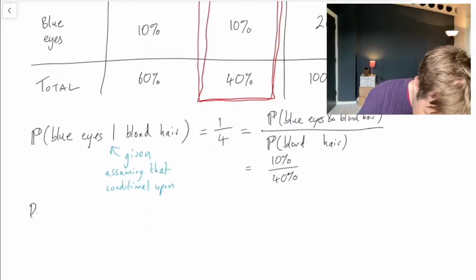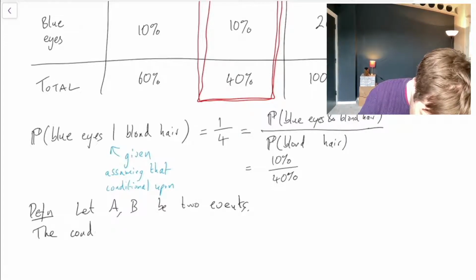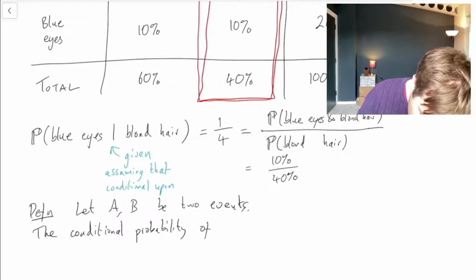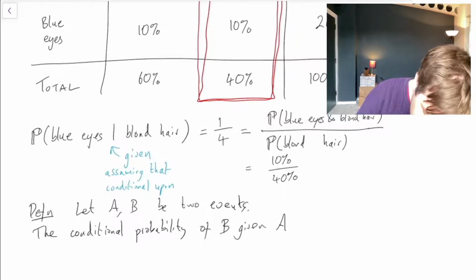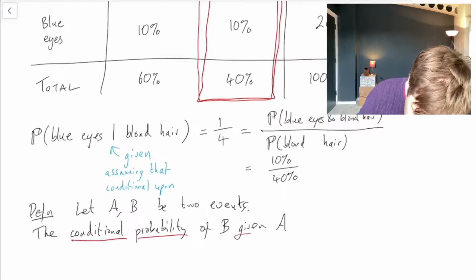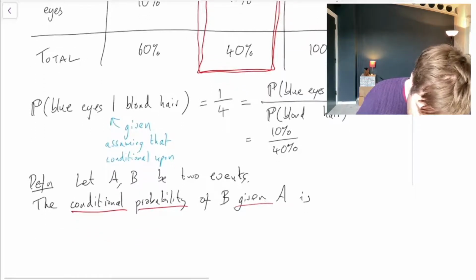So the definition is that A and B be two events, and so the conditional probability of one of the events B given the event A, so this is the conditional probability of B given A, is what we said about blonde hair and blue eyes.